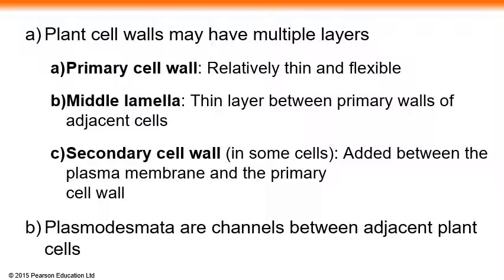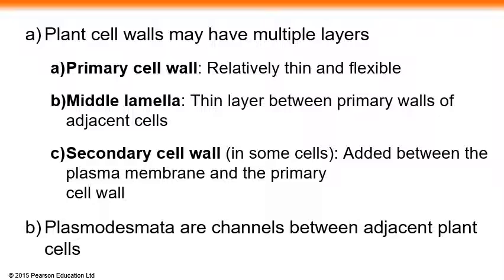Plant cell walls may have multiple layers. First, they develop a primary cell wall that is relatively thin and flexible. When a new cell is born, it produces this first, which is why we call it the primary cell wall.